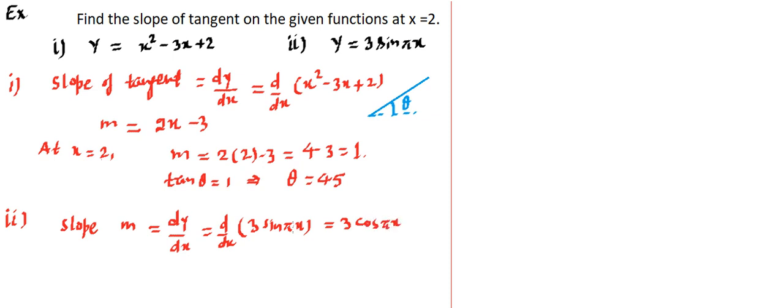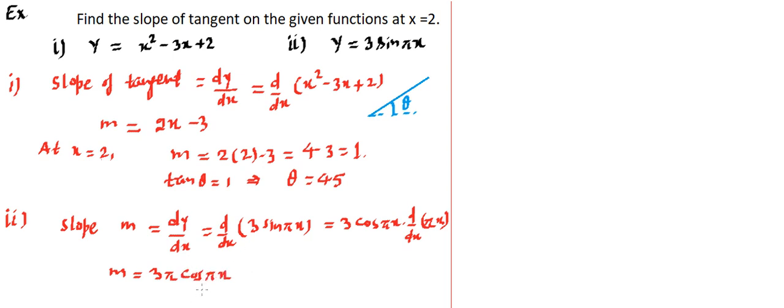Now you remember, this is a function of a function because pi x is not x. So whatever this function is, we use the chain rule to multiply it with that differentiation. If we differentiate this pi x, pi will be outside because the constant stays, and x is differentiated, that becomes 1. So the slope will become equal to 3 pi cos pi x.